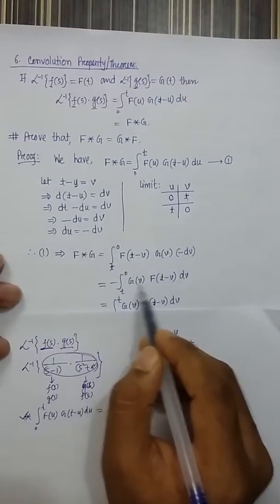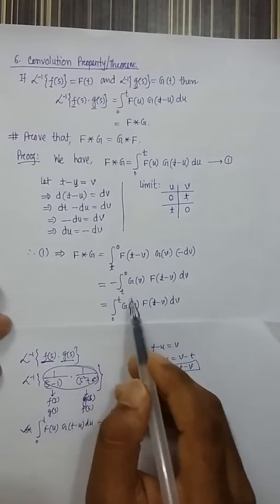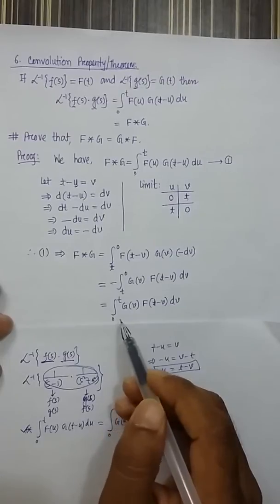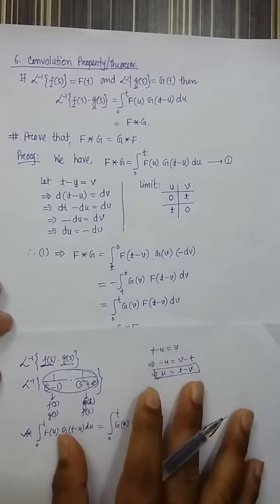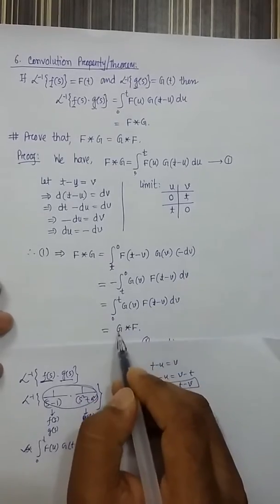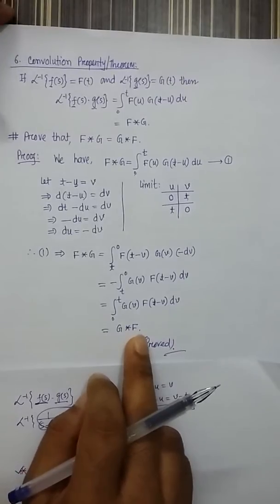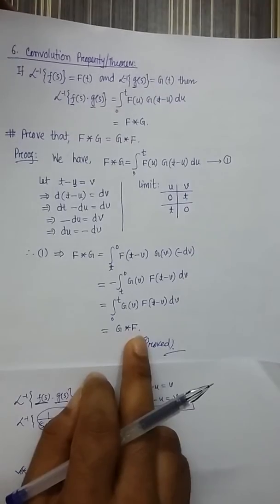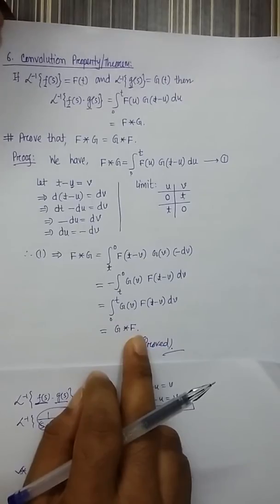We have written g of v first, and we have abolished this minus by exchanging the upper limit and lower limit. We know that if the upper limit and lower limit are exchanged, a minus comes, and this minus becomes plus. So from this we can write g star f, that is f star g equals g star f. So there is no problem whether we choose f and g left or right. We can choose any function as f or as g.